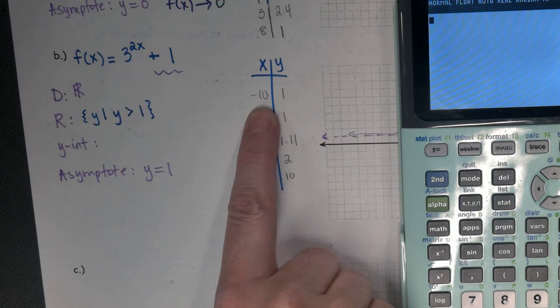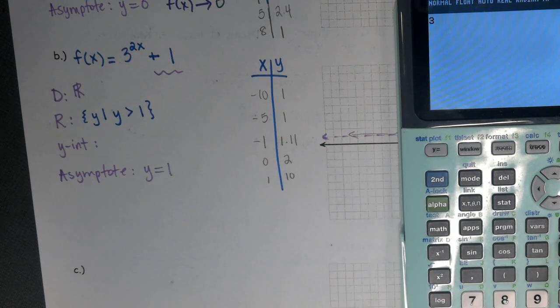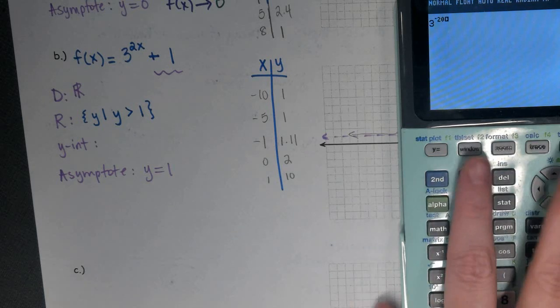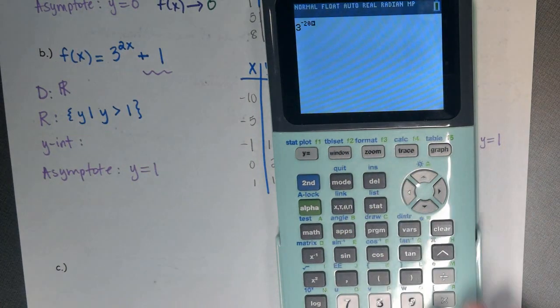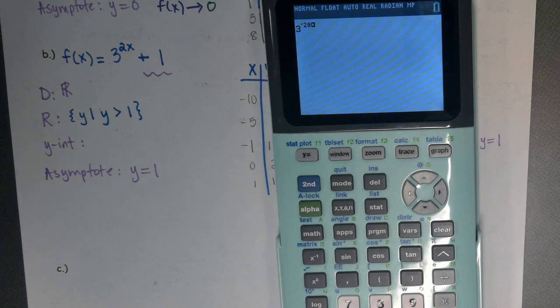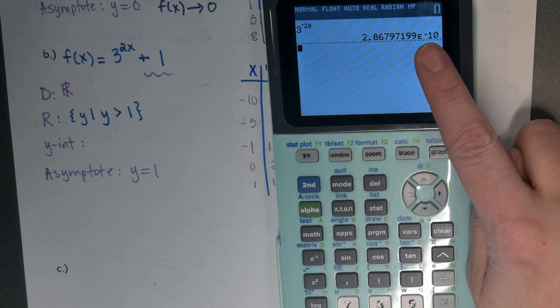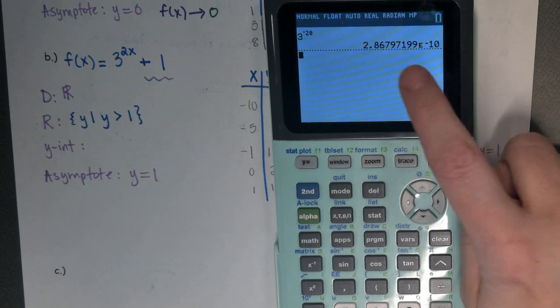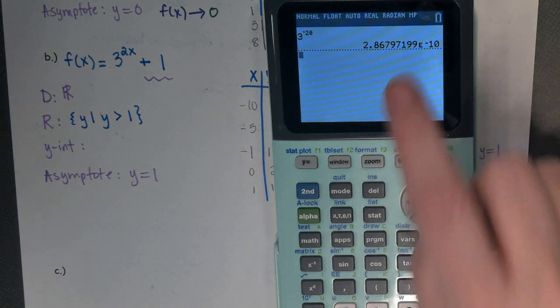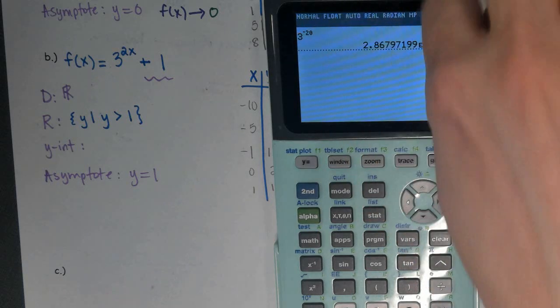So this is negative 10, right? If you were to plug in negative 10 for x, it would be 3 to the power of negative 20. You guys agree? Yes or no? You follow that part or no? Okay, so if you were to calculate that, see how it has e again? So really, if you added 1 to this, wouldn't it be, this is like 0.9 zeros and then 286.